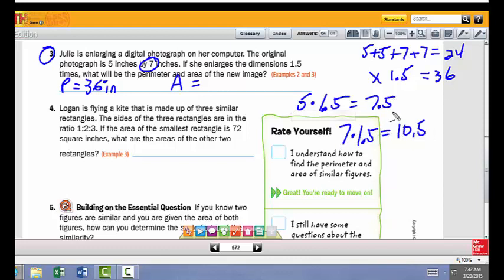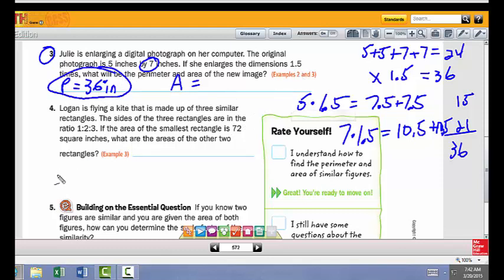So now we have side lengths of 7.5 and 10.5, but we have 2 of those. So 7.5 plus 7.5 equals 15. I'll write it over here so I can add this. And 10.5 plus 10.5 equals 21, and add that up, and we have 36. So 2 different ways to get 36 inches for the perimeter.